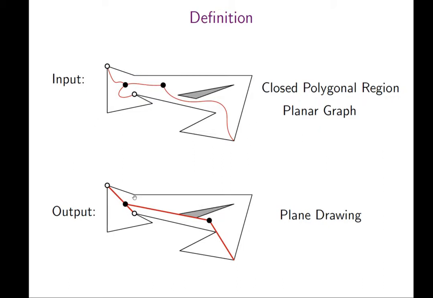And what we want is a drawing of this graph inside this polygonal region. Note that since this polygonal region is closed, part of our drawing might be on the boundary of the polygonal region. Here, this is a hole. Okay, so that's the problem that we studied, and that this talk is about.